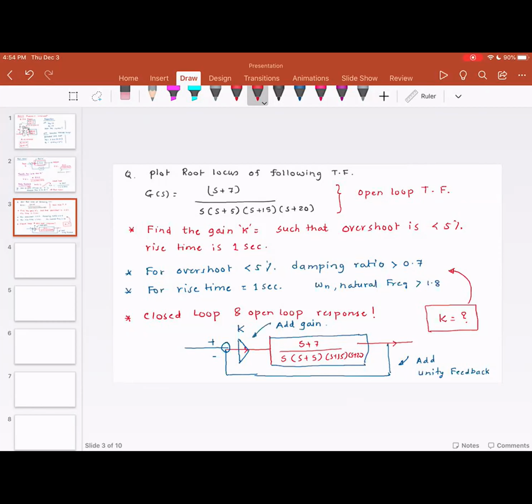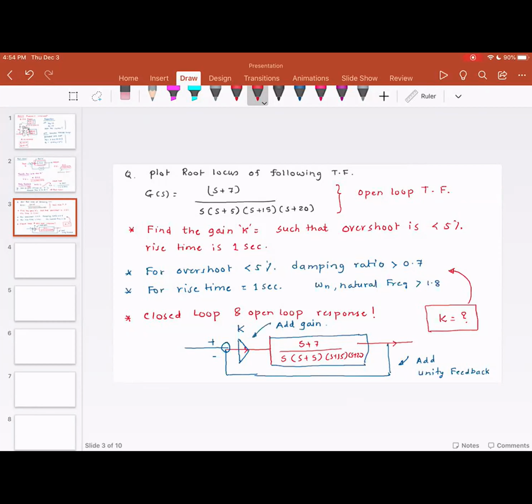I can see a condition where a pole can be at infinity: when you have in the denominator a term like 1 by s, and that could give rise to a pole at infinity.